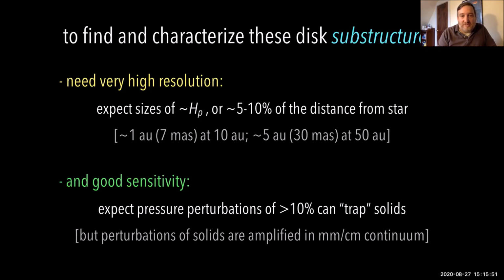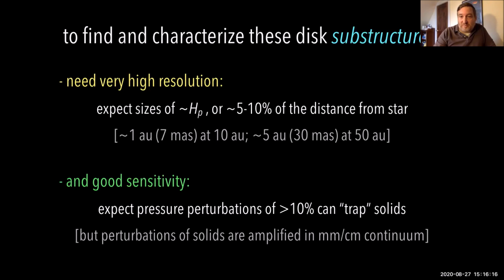So you also need good sensitivity. You need pressure differential amplitudes of about 10% minimum to be able to start trapping solids. The good thing is that if you try to observe these perturbations, you're going to use a diagnostic of the particles that are being trapped.